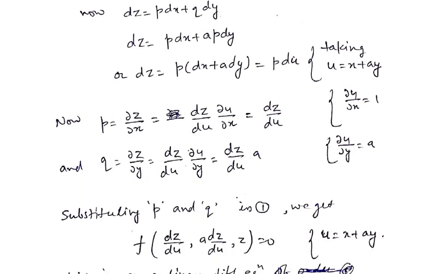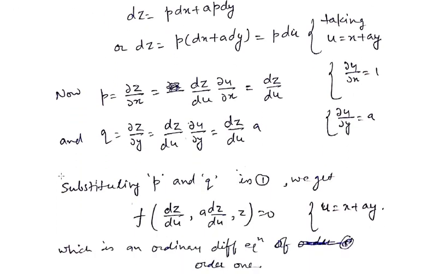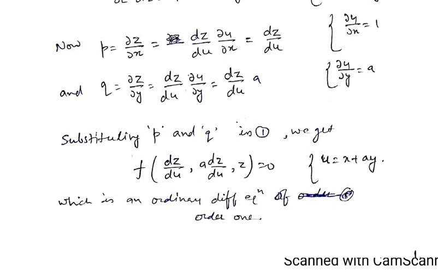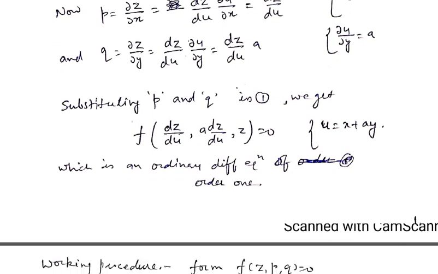Now we will replace p and q in the given equation 1, a function of p, q, z, so it becomes a function of dz upon du, a dz upon du and z, which is an ordinary differential equation of order 1, which we can solve.